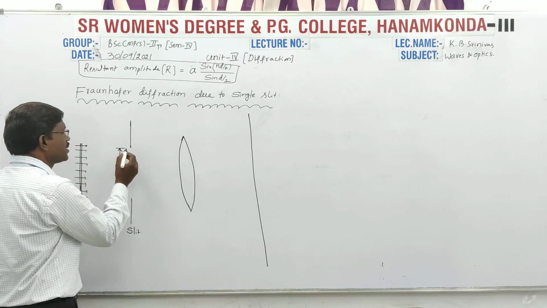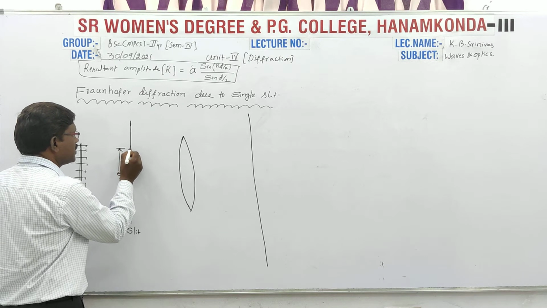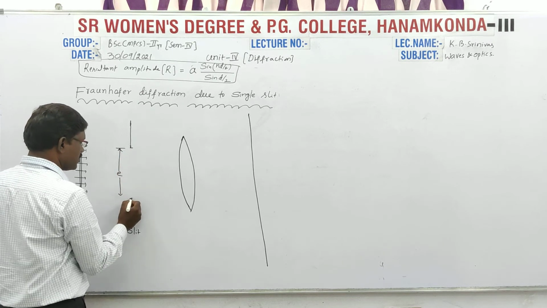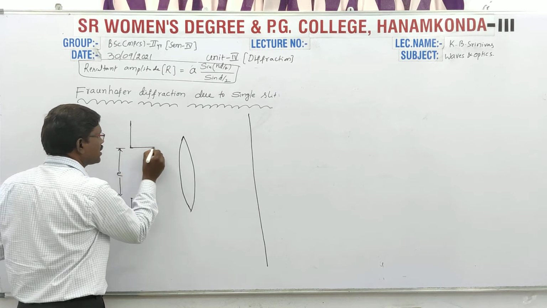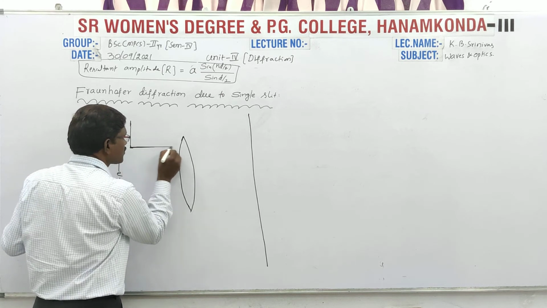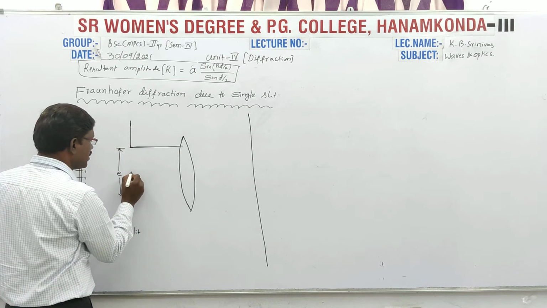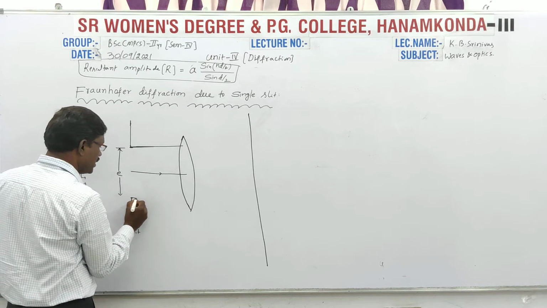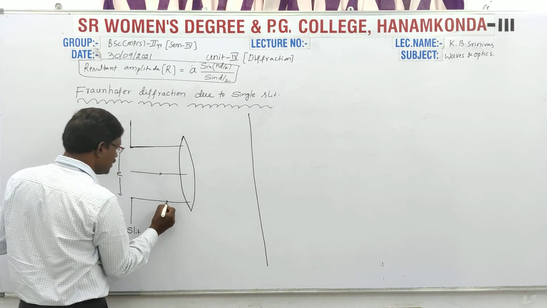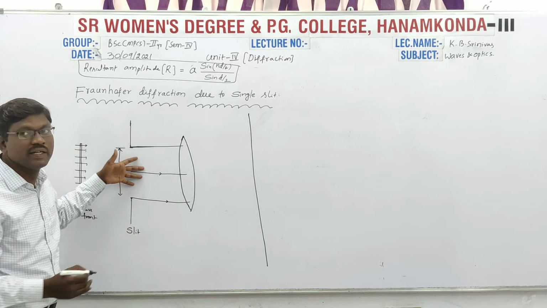What happens? The rays which are traveling in the horizontal direction will be focused by the convex lens at the center of the screen. These rays will not be deviated.